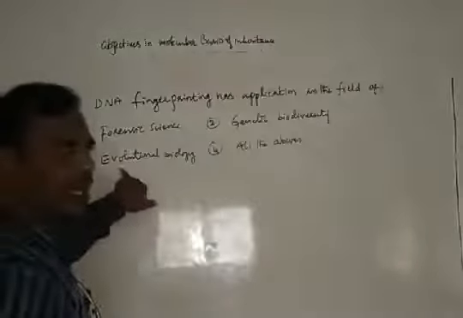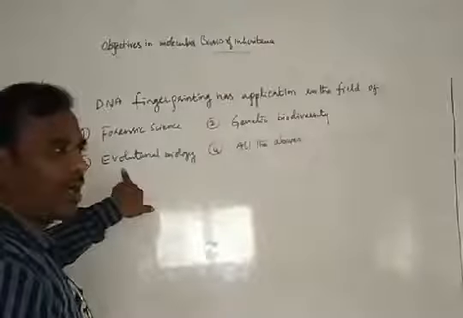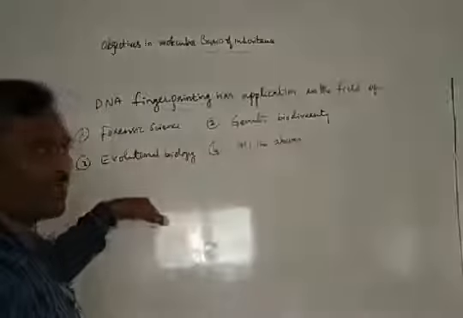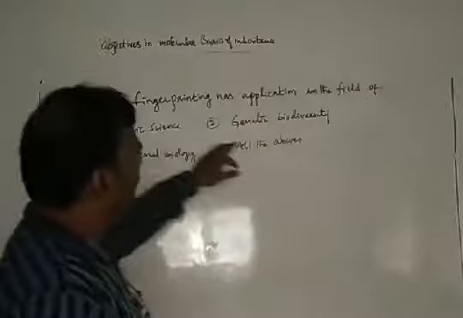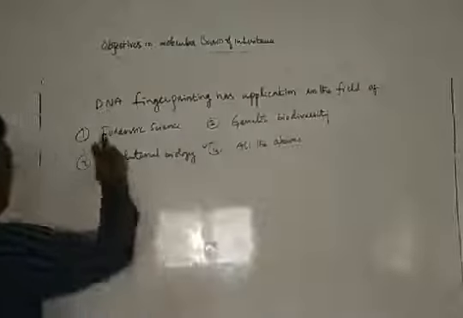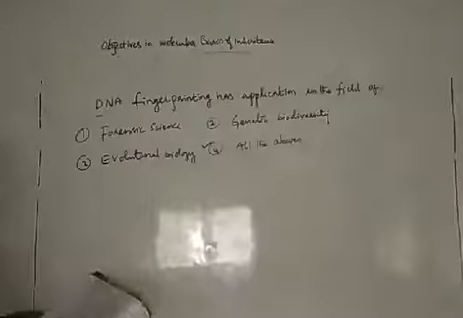And in evolutionary biology, to see how organisms evolved and what changes are seen in the DNA sequence because of that evolution. So the option 'all the above' is right. In all these three cases, DNA fingerprinting is used.